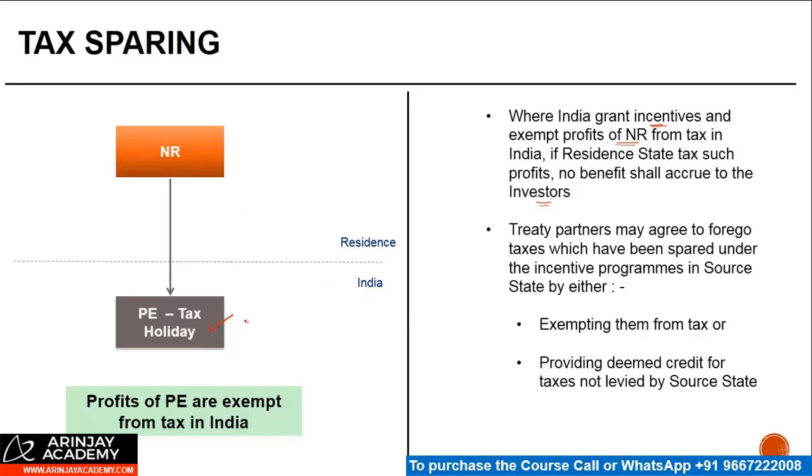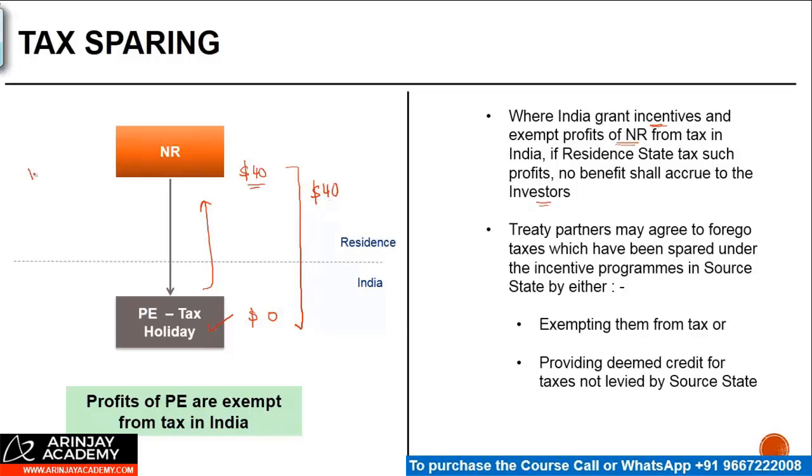So effectively, suppose this PE is into exports and for any reason the Indian government exempts the profits arising from such export. If the Indian government levies a profit tax of 0 on these profits, but these profits are included by the non-resident in the taxable profit of the company and they charge a tax of $40, the total tax he pays is $40.